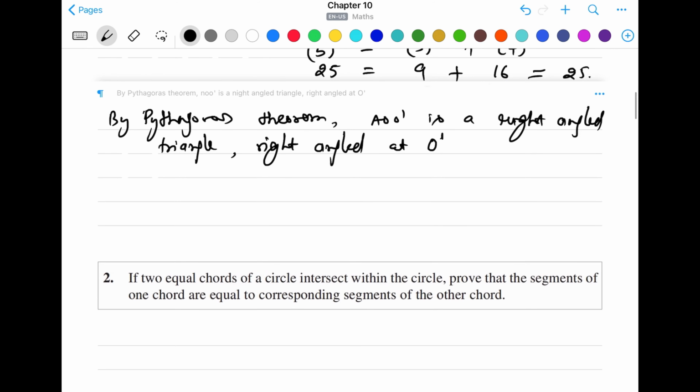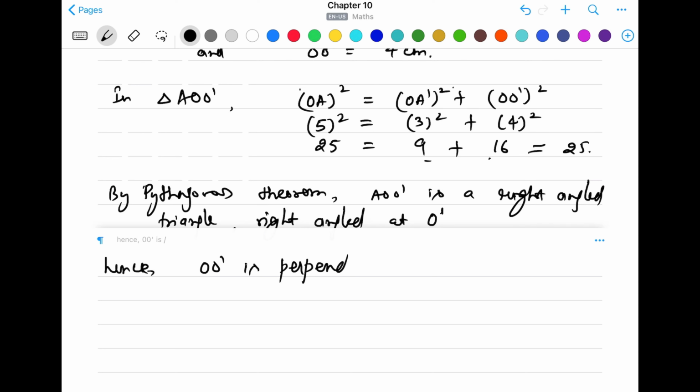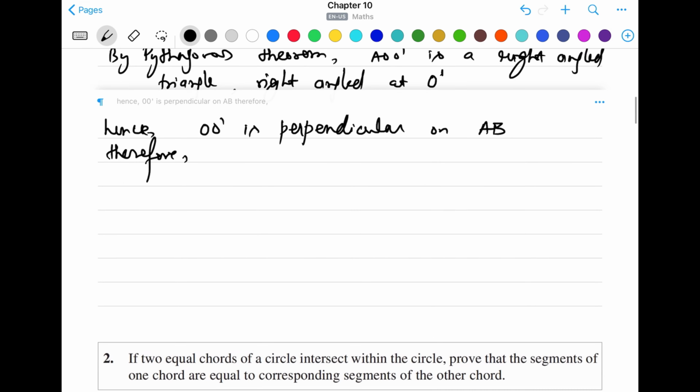Let's create some space. Hence, O dash is perpendicular on AB, therefore this O dash is dividing AB into two equal parts, that is A O dash equals B O dash.